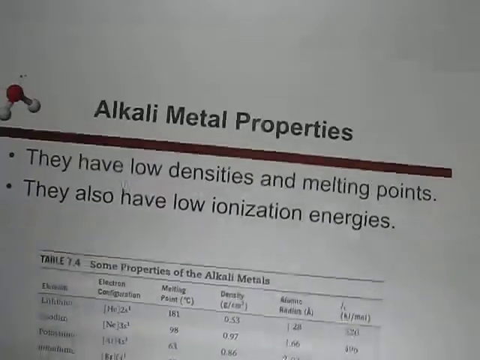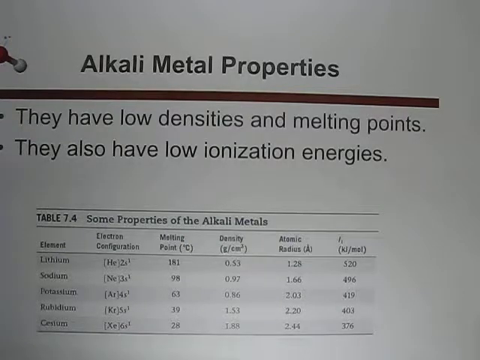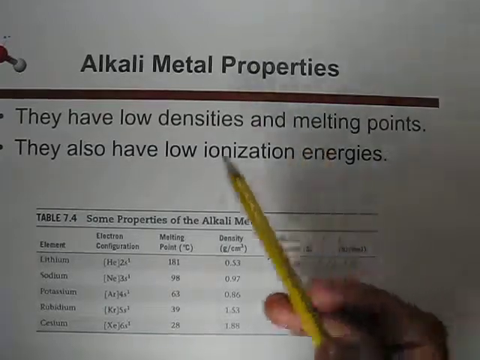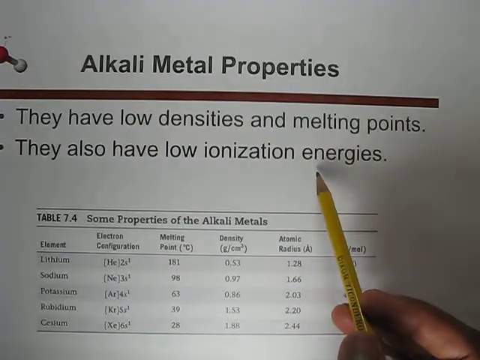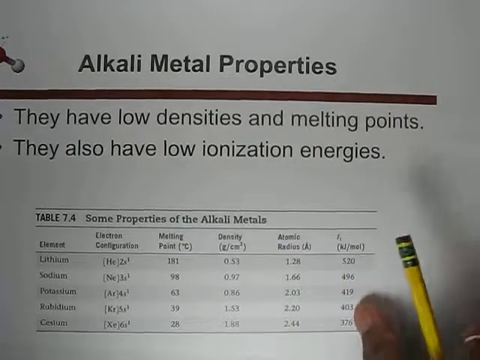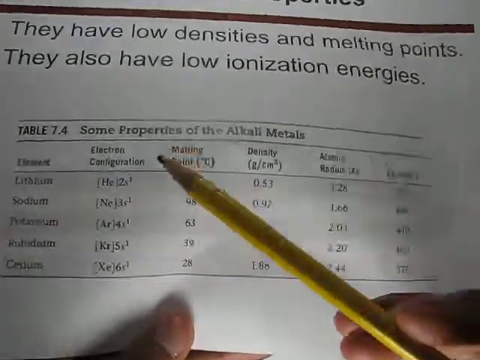Alkali metals have low density and low melting points. They also have low ionization energies, which means they can easily lose their electrons.